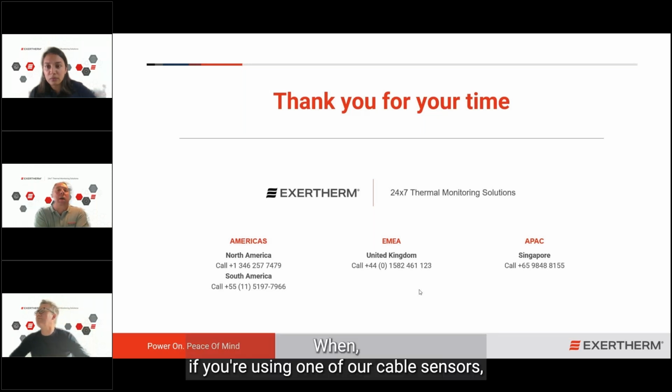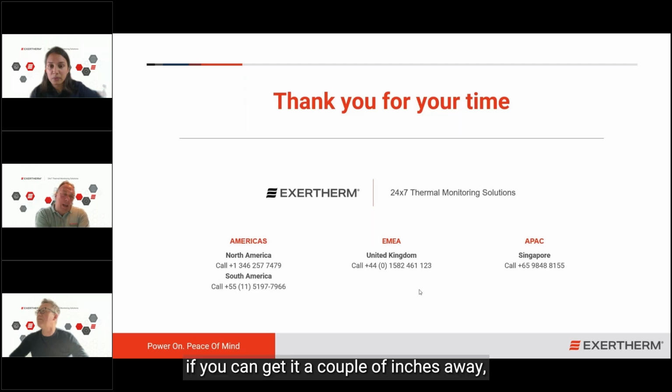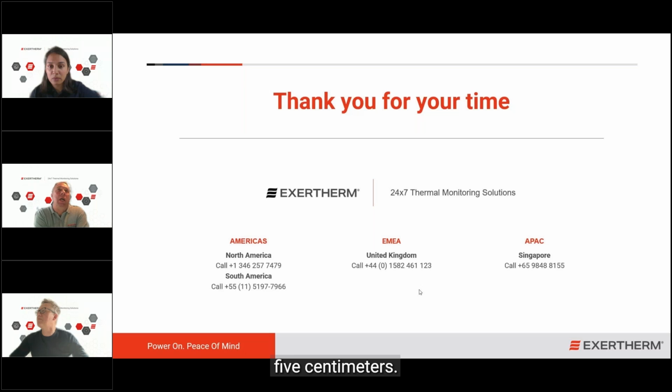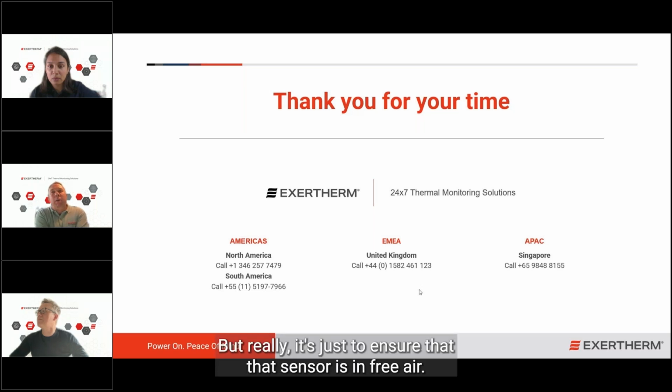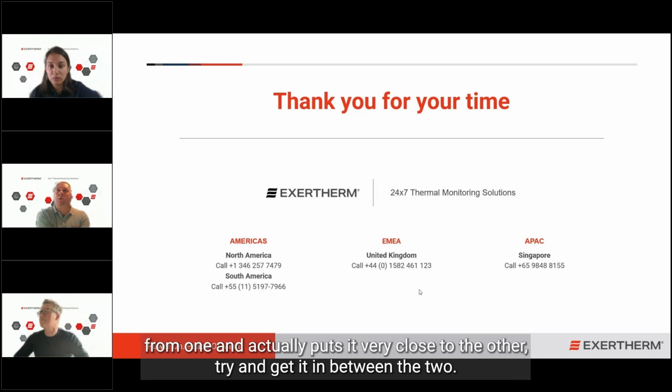If you're using one of our cable sensors, what we say is if you can get it a couple of inches, 5 centimeters, away, but really it's just to ensure that the sensor is in free air. So if you've got two cables side by side and 5 centimeters from one actually puts it very close to the other, we'll try and get it mid-way between the two.